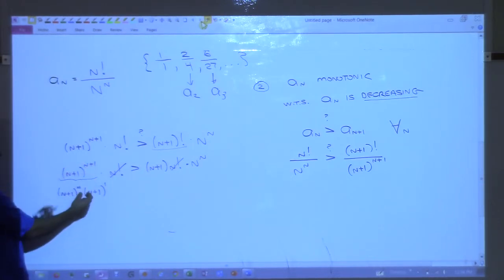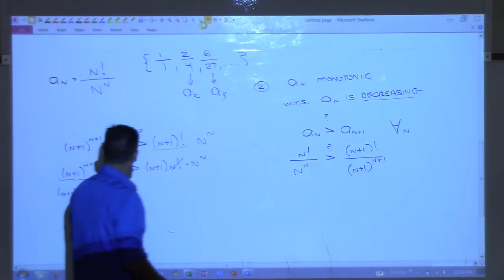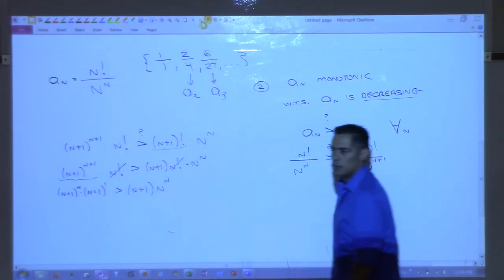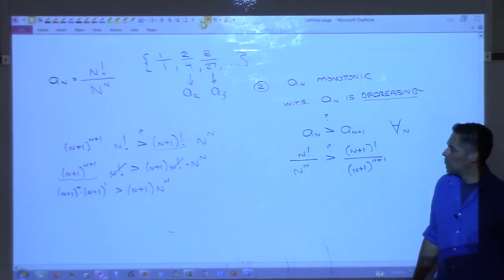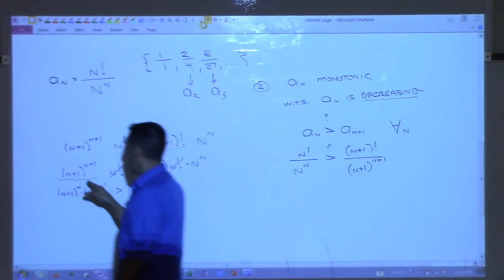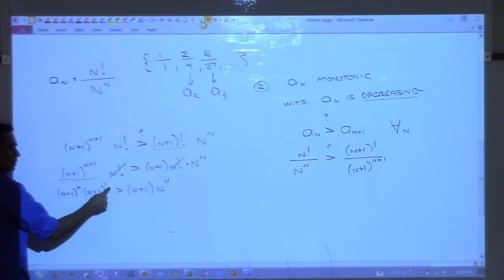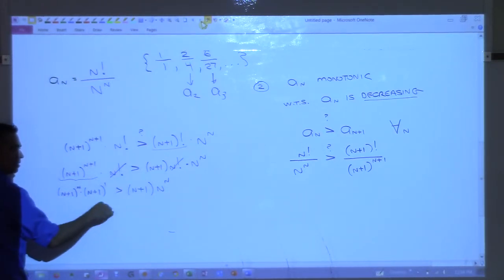But I can peel one off, and that's going to allow me to cancel it with this one on the other side. (n plus 1) to the n plus 1 means (n plus 1) to the n times (n plus 1) to the 1. And then I'm going to be able to divide the n plus 1 out on both sides.